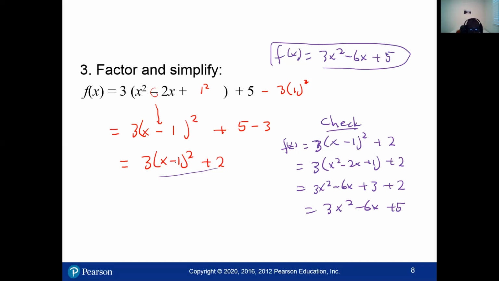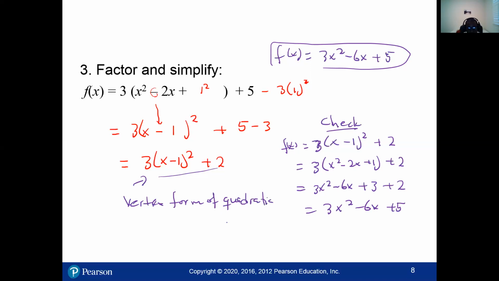When we have this, we have put this in the form we call the vertex form of the quadratic function.